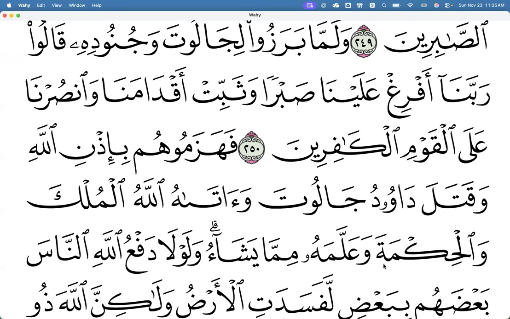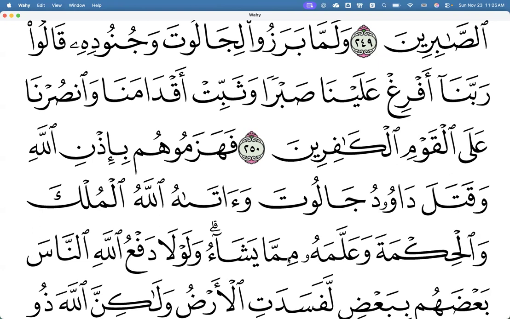Wal hikmata. What does that mean? Wisdom. And wisdom. Allah gave him the wisdom. وَعَلَّمَهُ. Allama means he taught, to teach. Allama, he taught. وَعَلَّمَهُ. What does that translate to? And he taught him.